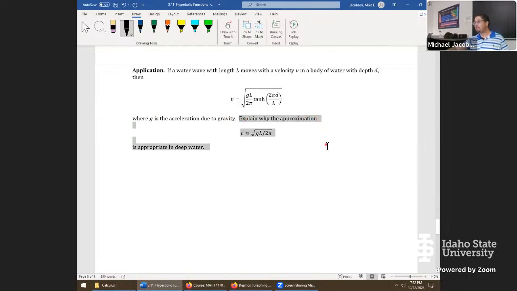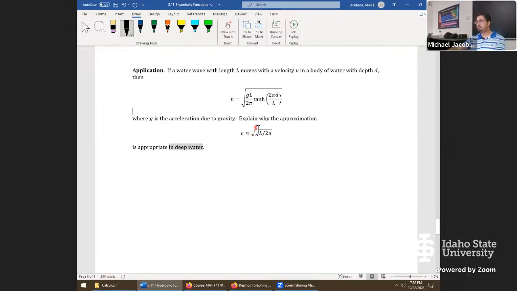And we want to explain why that might be an appropriate approximation in deep water. So that is a decent application to dealing with hyperbolic functions. There's many others, but they're usually a little bit more esoteric compared to trigonometry.